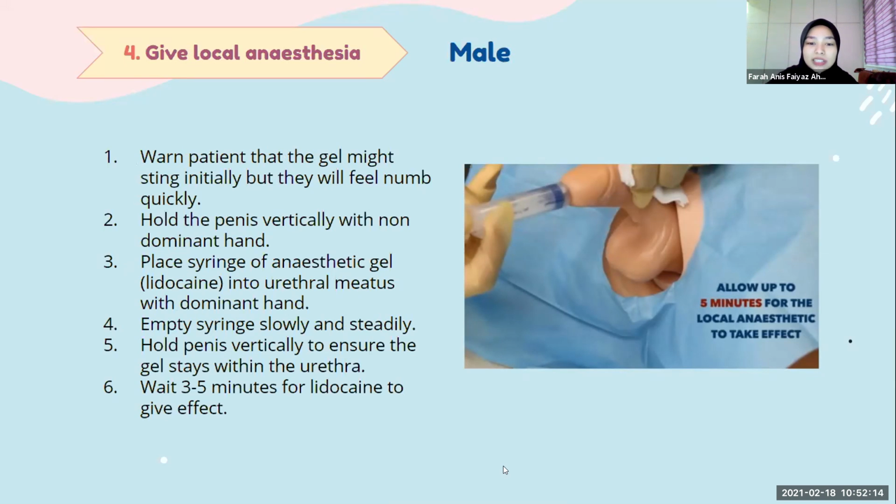Then empty the syringe slowly and steadily, and hold the penis vertically to ensure that the gel stays within the urethra. And then we need to wait up to 5 minutes for the local anesthetic to take effect.